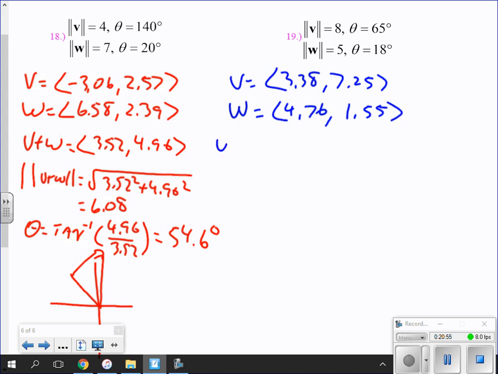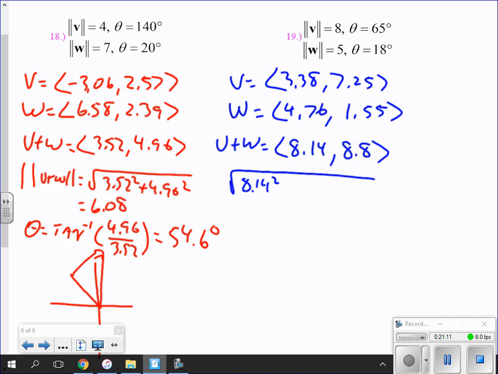So V plus W is equal to 8.14 and 8.8. And the magnitude is the square root of 8.14 squared plus 8.8 squared. And these are all decimals already, so you just plug that in your calculator, let it do the heavy lifting, and you end up getting 12.